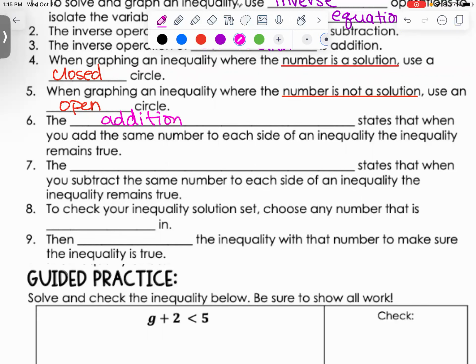It's called the addition property. If we do something to one side of the equation, or in this case, one side of the inequality, we have to do it to the other, okay? Same thing with subtraction. Okay, there's a property that says if we subtract something from the left side, we also have to do it to the right side, vice versa.